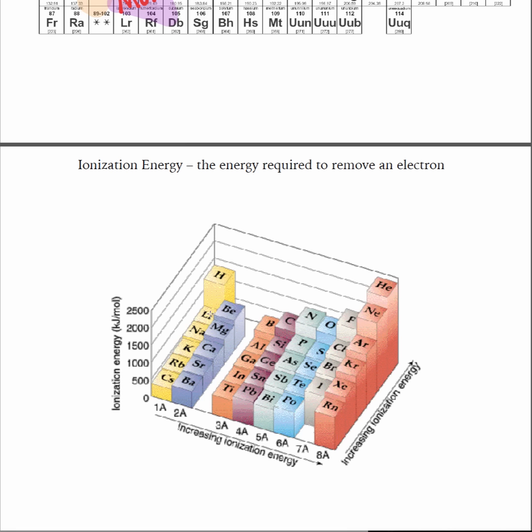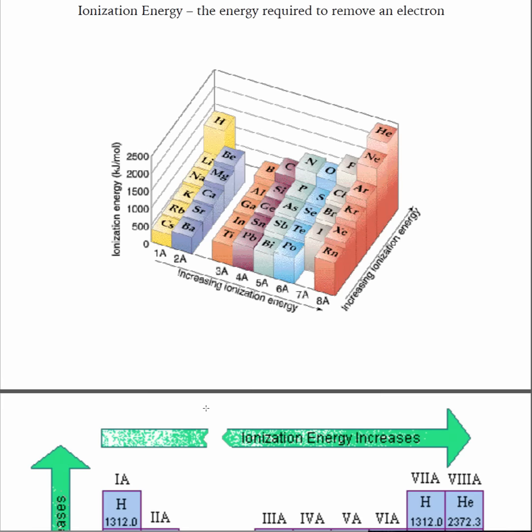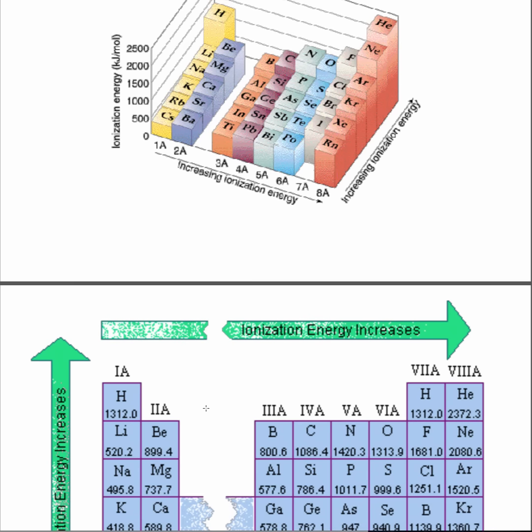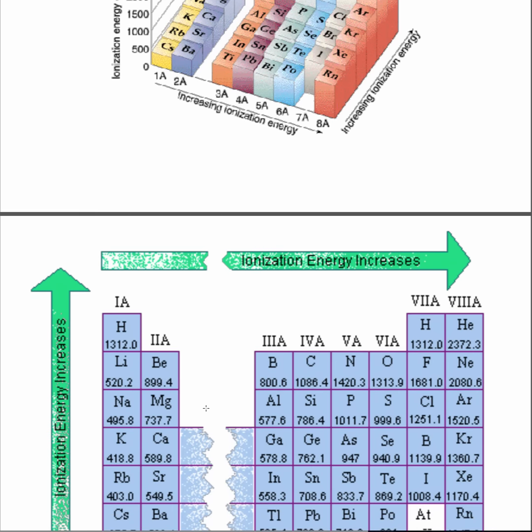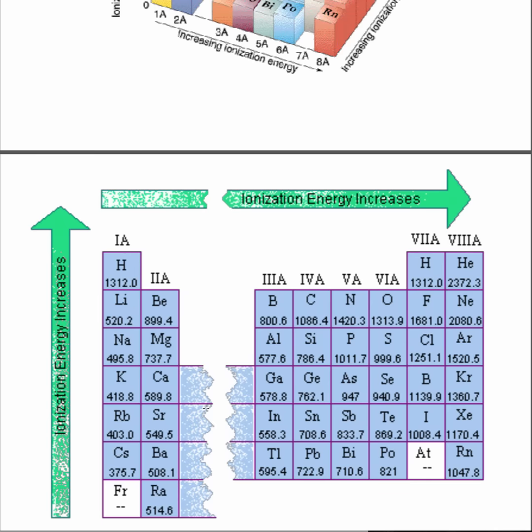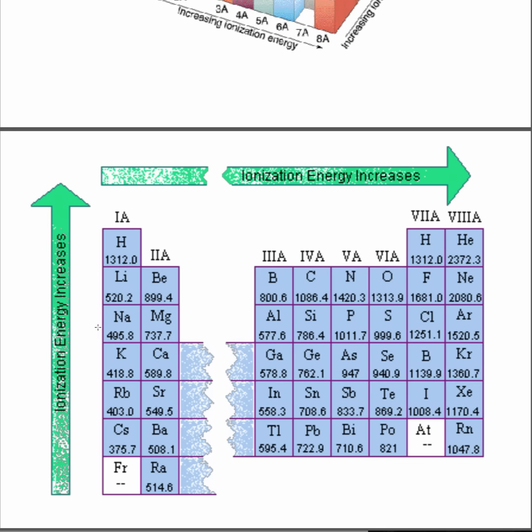But what about going left to right? It looks like generally the ionization energy goes up, lower to higher, generally. Why would the ionization energy get larger as I go from left to right, generally? Let's see, as I go left to right, the atoms get smaller.